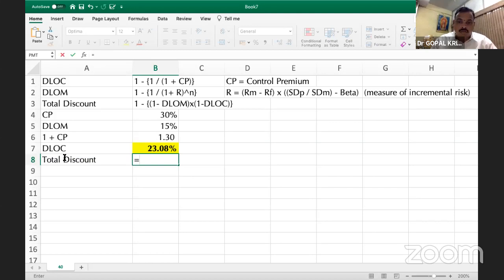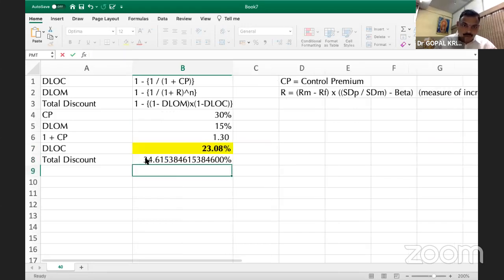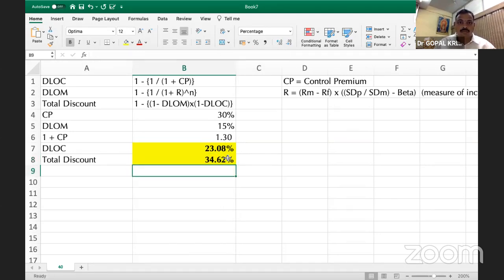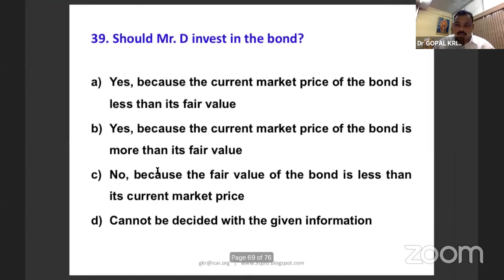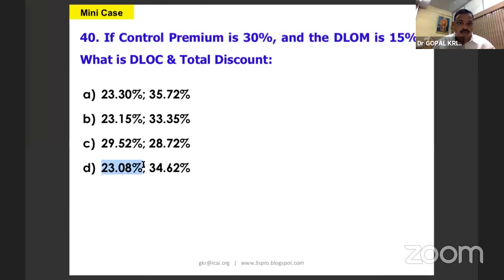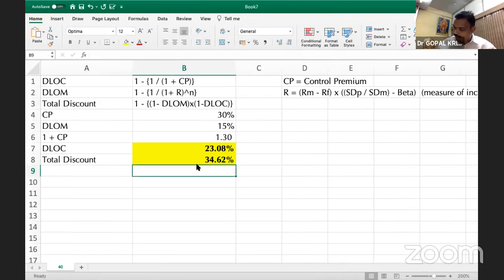Your total discount is equal to 1 minus DLOM, which is 15%, into 1 minus DLOC, which is 23.08%, which is 34.62. So DLOC is 23.08 and total discount is 34.62. So the answer is 40D. Good, that is your question number 40.